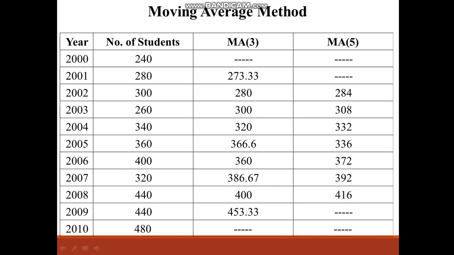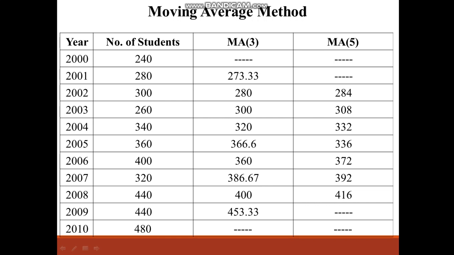But for moving average 5, we add the first 5 observations, which are 240, 280, 300, 260, and finally 340, and we divide them by 5. We put the result in front of the middle observation, which is at the year 2002, in front of 300 students: 2 observations up and 2 observations down.